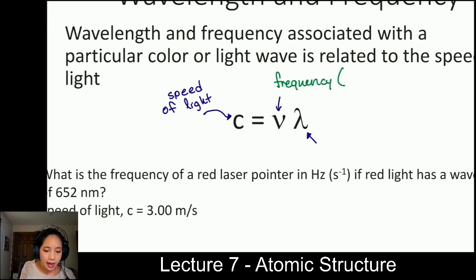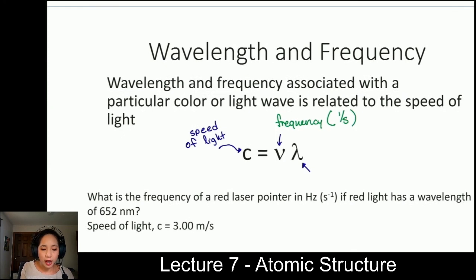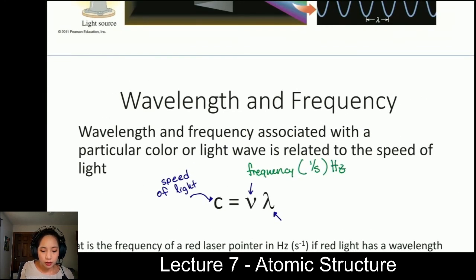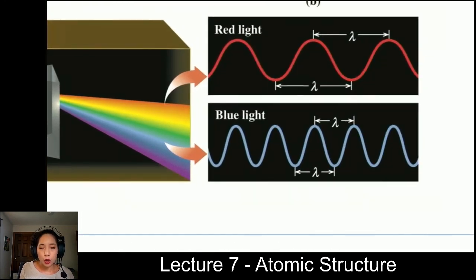of light, and that has a unit of per second, or hertz. If I go back to our wave picture, light is a wave. This wave is moving through space at the speed of light. So if I just pick a point in space and count how many crests pass this point as this wave is moving at the speed of light, that is our frequency.